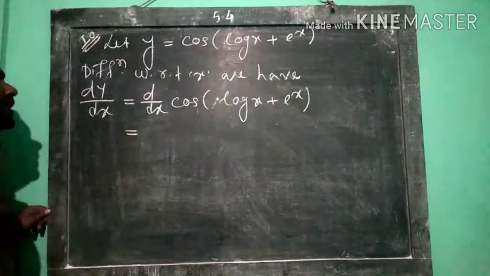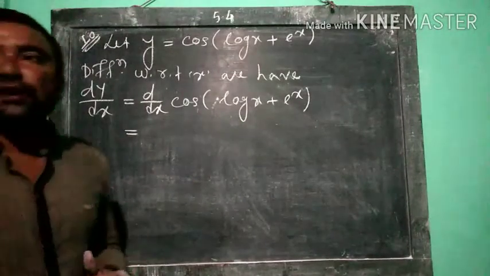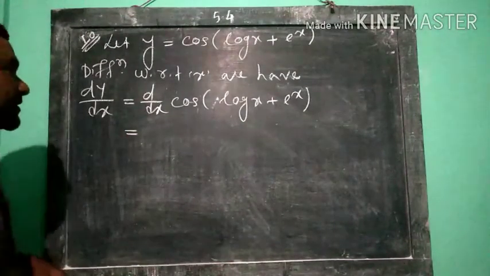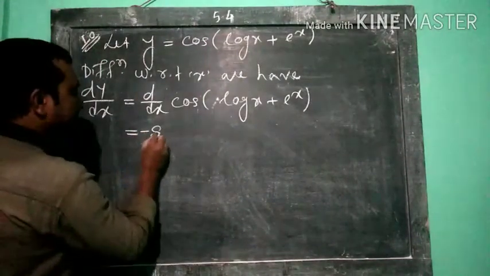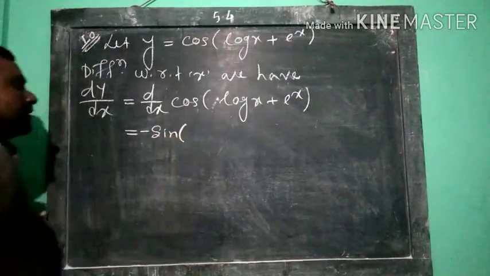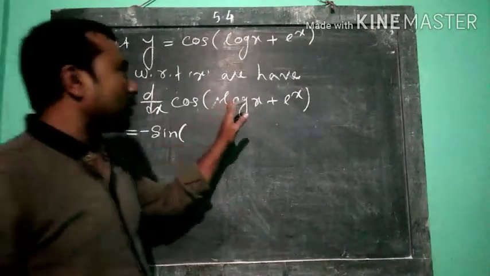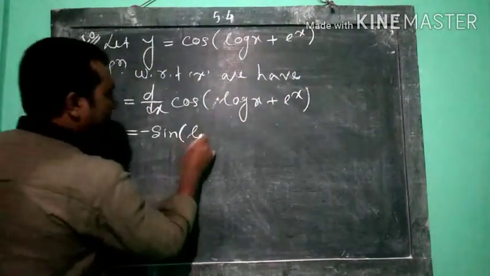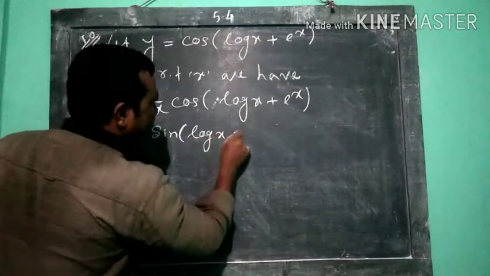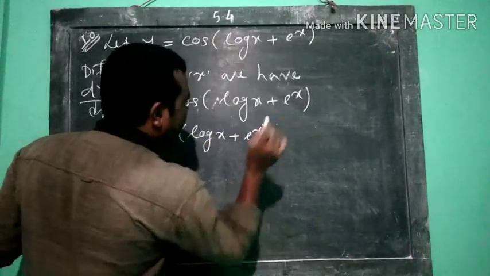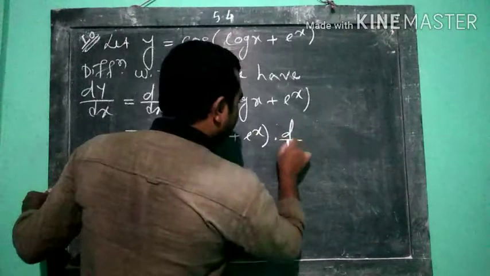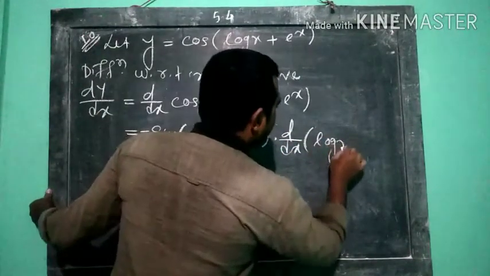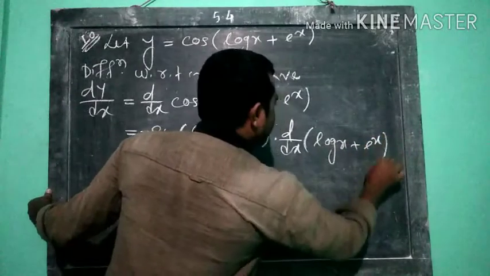If we differentiate cos x, then d/dx of cos x equals minus sin x. So here minus sin of x, where x is log x plus e to the power x, into d/dx of log x plus e to the power x.